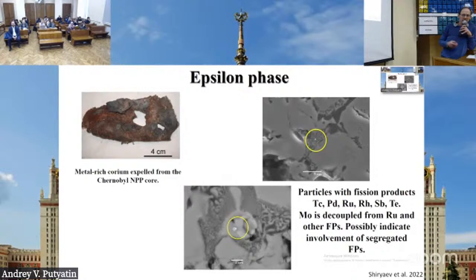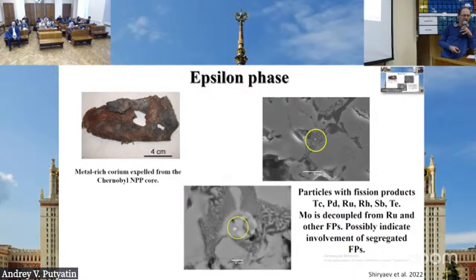For example, here you see a quite interesting object from Chernobyl, which was collected 5 years after the accident in the so-called under-reactor room, directly below the reactor core.